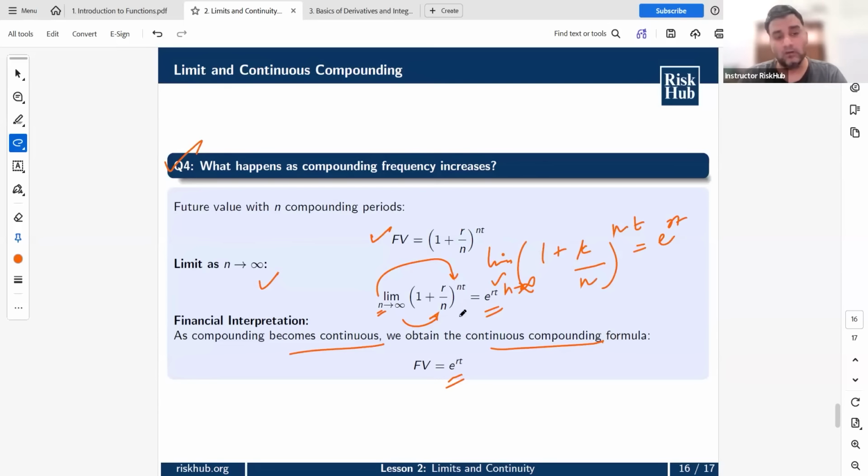We have seen this exponential function earlier, in the previous chapter. In financial modeling, when compounding becomes continuous, we get continuous compounding. It is used in bond pricing, option pricing, derivative pricing models, your discounting formula, etc. So remember that.